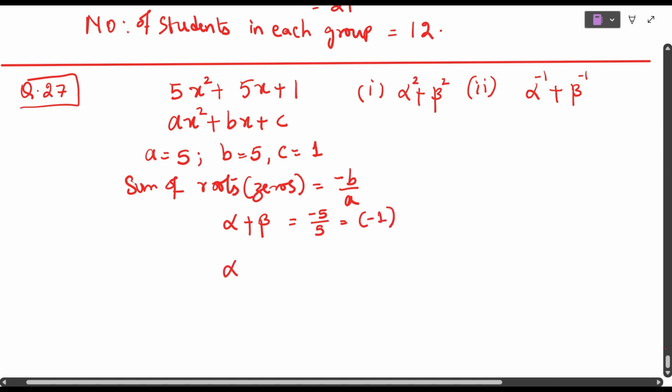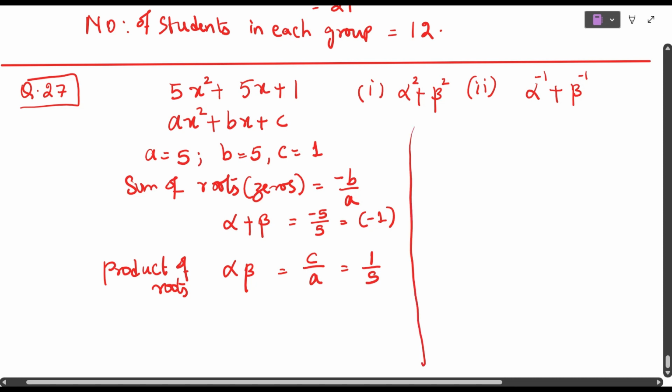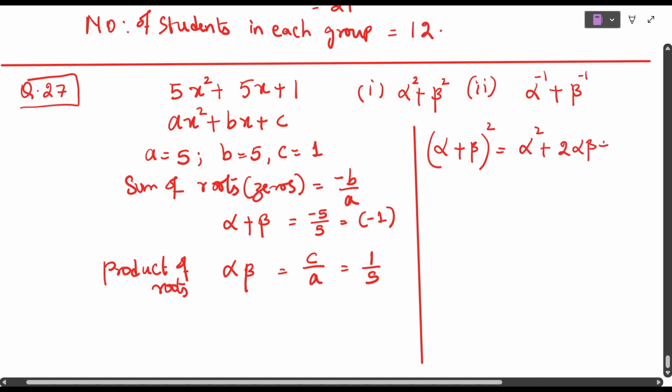And alpha beta, the product of roots, is equal to c by a, that is equal to 1 by 5. Did you understand, students? Now we have to find alpha square plus beta square. We should know the formula for a plus b whole square. This gives alpha square plus 2 alpha beta plus beta square. We want only alpha square plus beta square, so transpose plus 2 alpha beta.